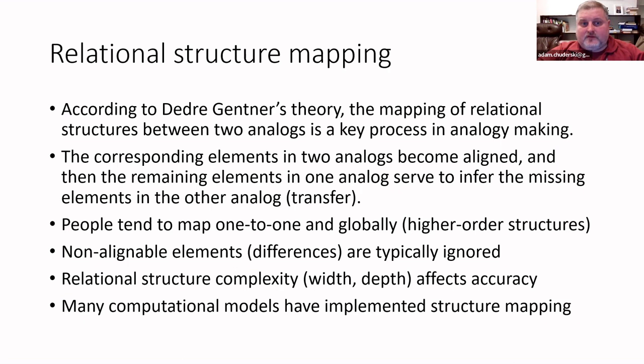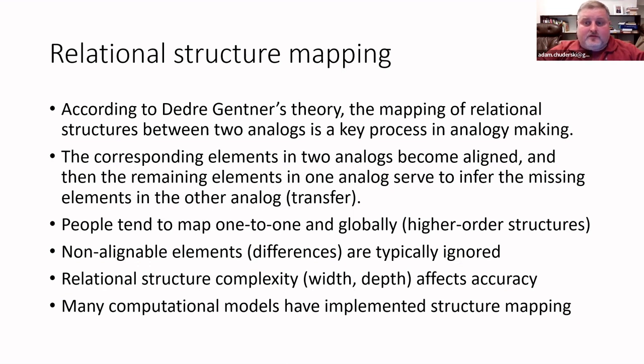But typically some elements in the familiar analog cannot be matched. We cannot find corresponding elements. So we use our knowledge, our previous experience, to infer what the missing elements in the other analog should be. It's relational transfer, or analogical transfer.